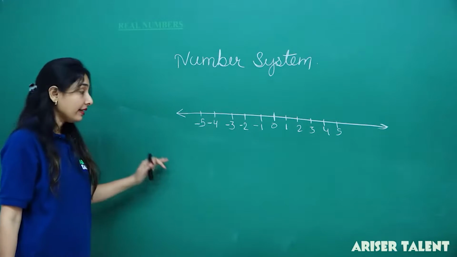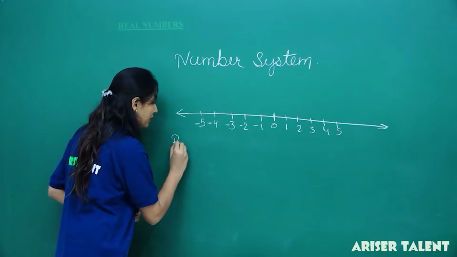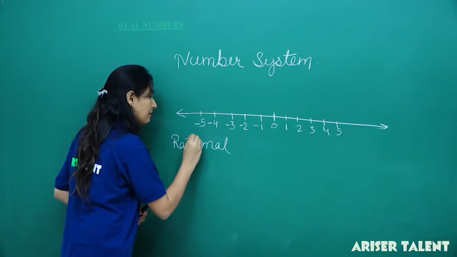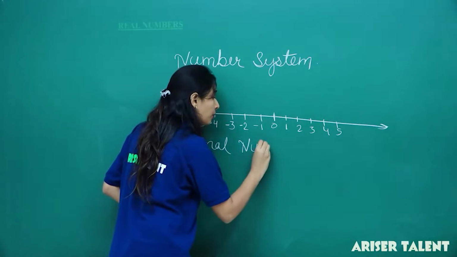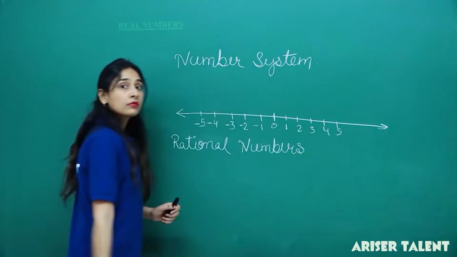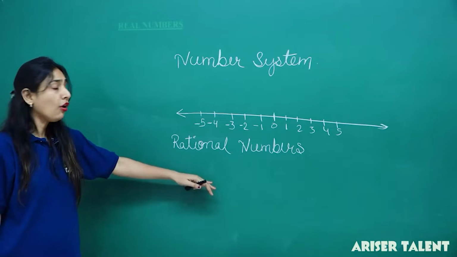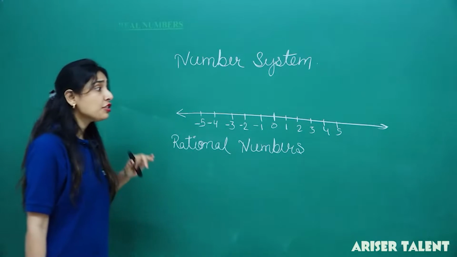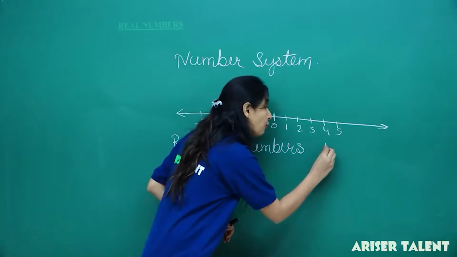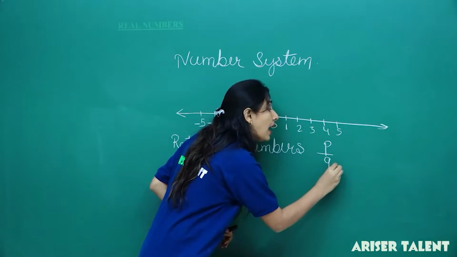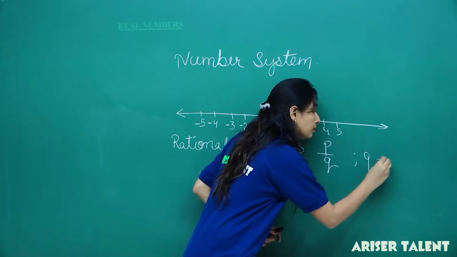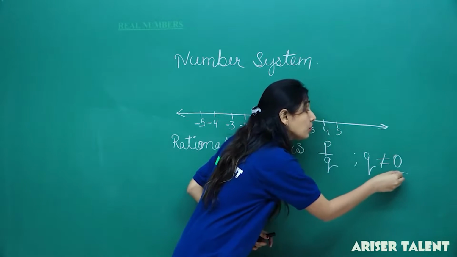Other than these sets, we have rational numbers. Remembering something from your previous classes? Rational numbers. What are rational numbers? Rational numbers are the numbers which can be written in the form of p by q, where q must not be equal to 0.